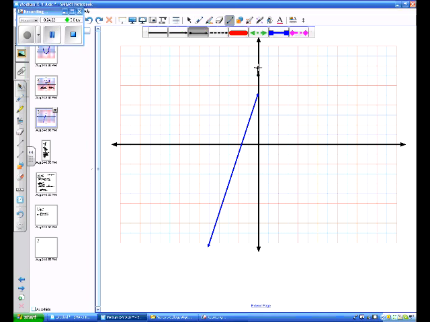So we're going to have our intercept at 7, and then we're going to go up 4 to the right 1, and it would look about like that.